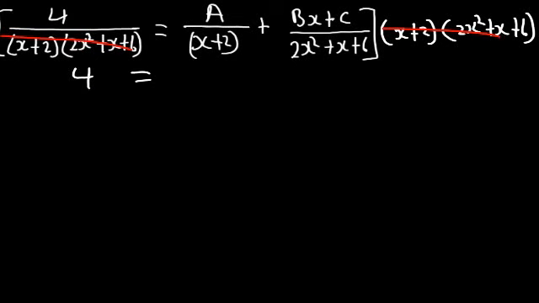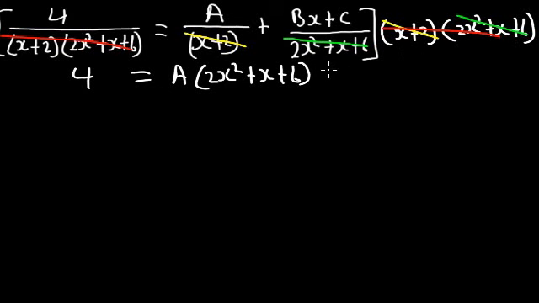The equal sign. For the yellow color, x plus 2 cancels x plus 2 and what's left over is 2x squared plus x plus 6 inside, multiplied by a outside. For the green color, 2x squared plus 6 plus x cancels 2x squared plus 6 plus x, and what's left over is just bx plus c to be multiplying x plus 2.